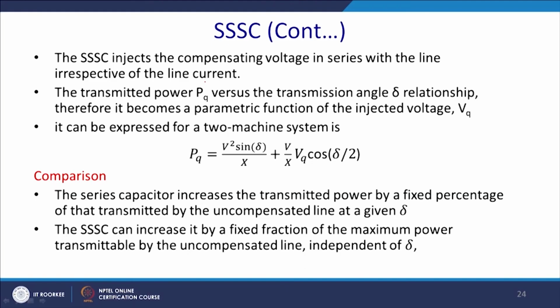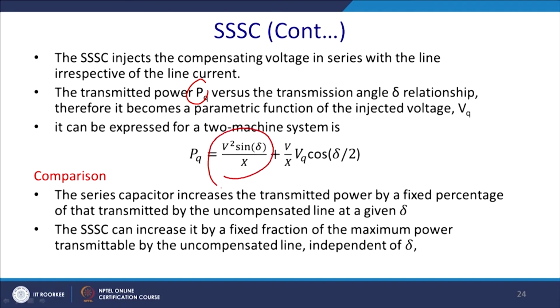Now, the SSSC injects a compensation voltage in series with the line irrespective of the line current. The transmitted power Pq versus the transmitted angle delta relationship therefore becomes a parametric function of the injected voltage Vq. So, it will depend on Vq and it can be expressed for the two machine model.